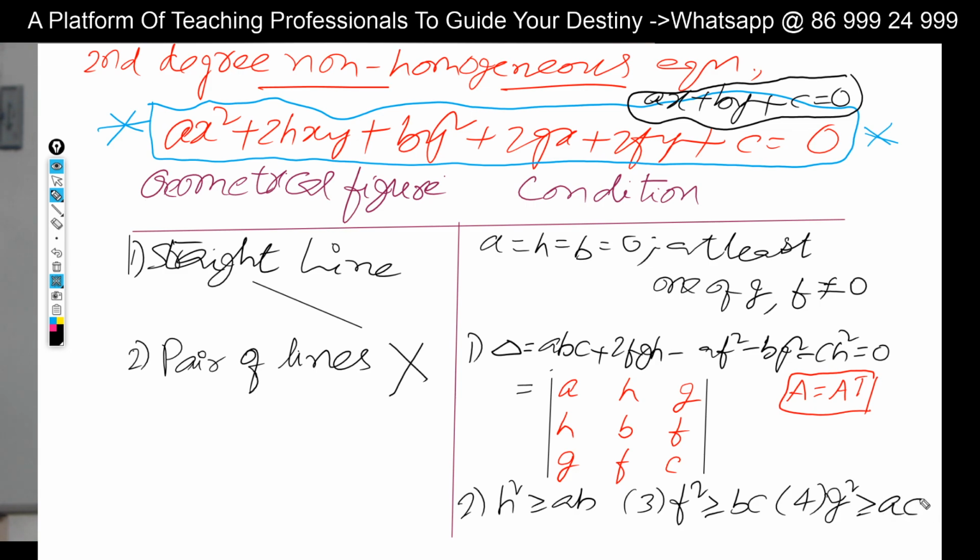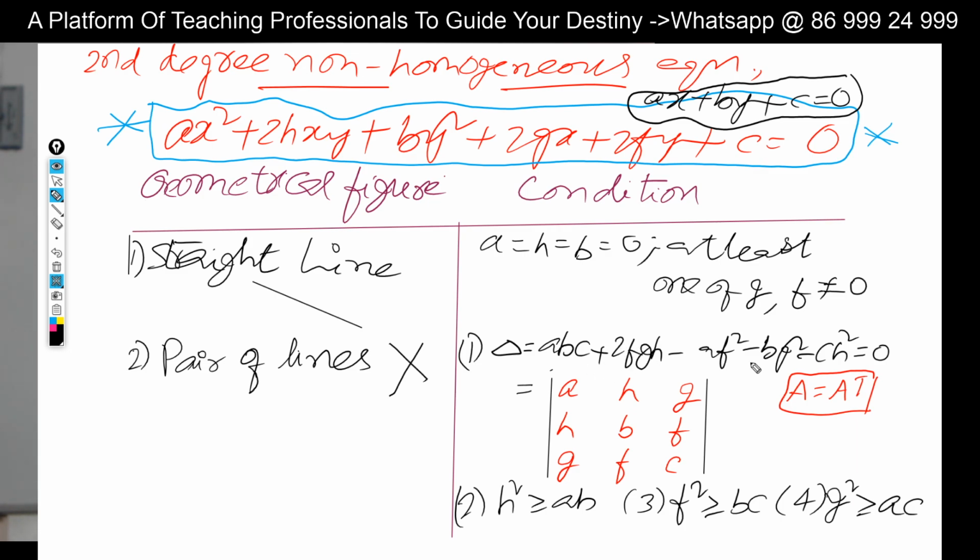Among all the conditions for a pair of lines, there are several conditions, that is 1, 2, 3, 4. If any one of the conditions fails, it will not represent a pair of lines, but another geometrical figure. So a second degree non-homogeneous equation represents a pair of lines, and these are the four conditions to be satisfied.